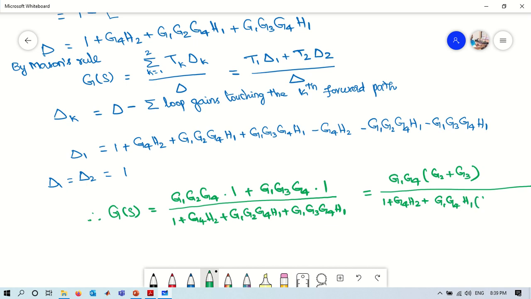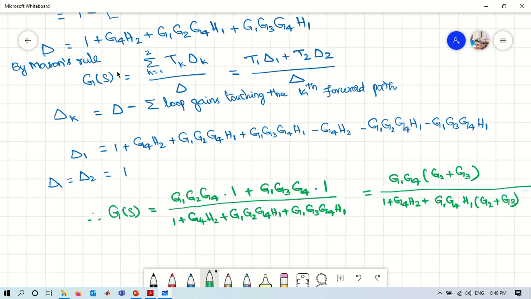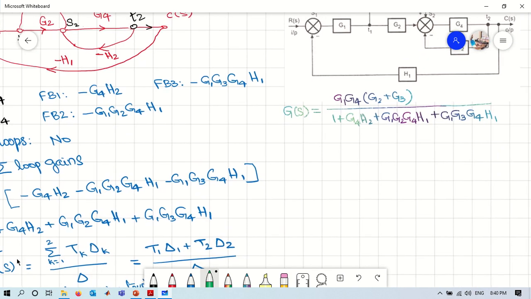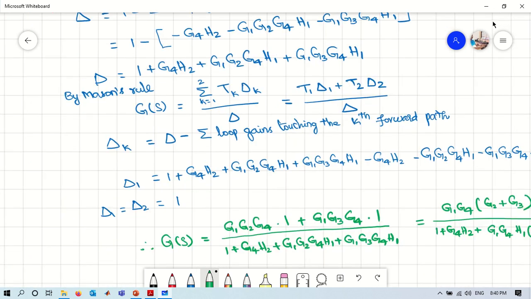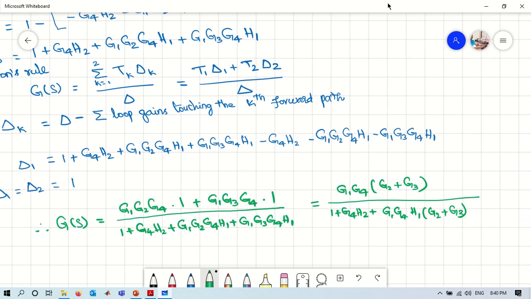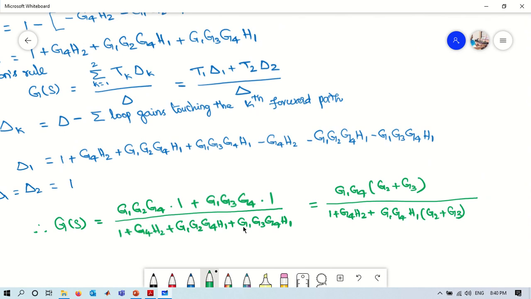So now this is the required transfer function, which is similar to the one we got by the block diagram reduction. Okay, so what we proceeded with is correct.